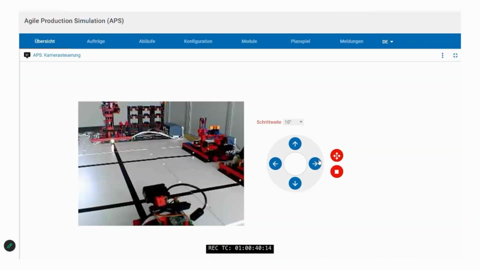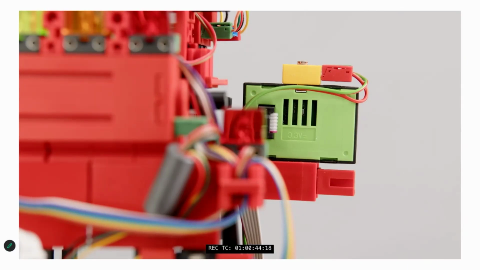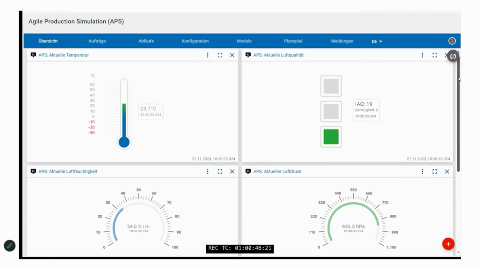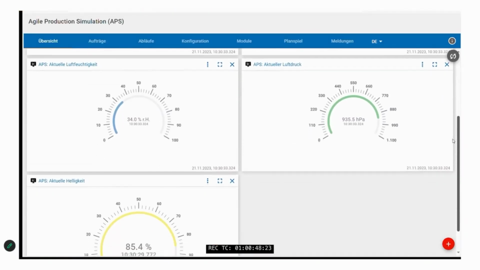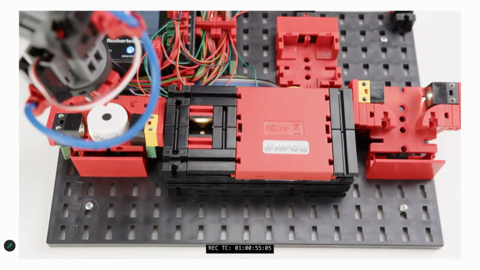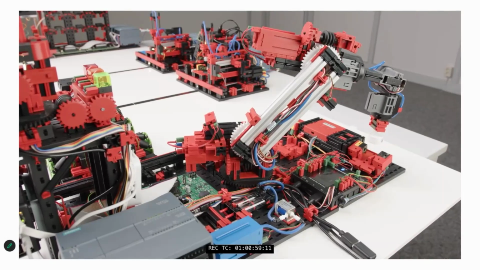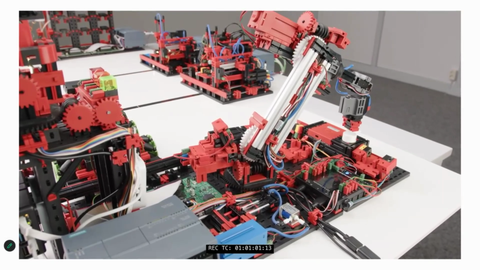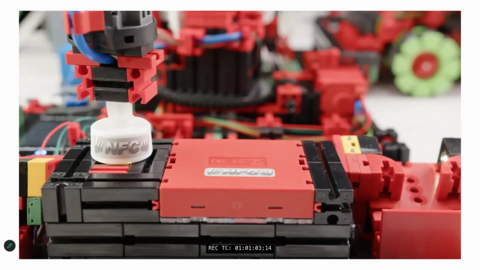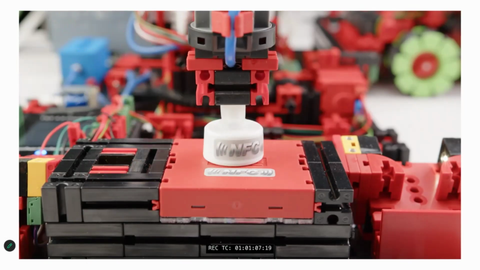This is from the section where the pieces enter the workflow. Also the environmental sensors there, temperature, air quality, lighting, things of this nature. So you see the workpiece enters the process. It gets picked up by the vacuum gripper, gets scanned. There you see it's put on the NFC chip reader.